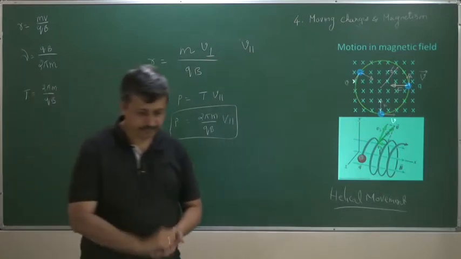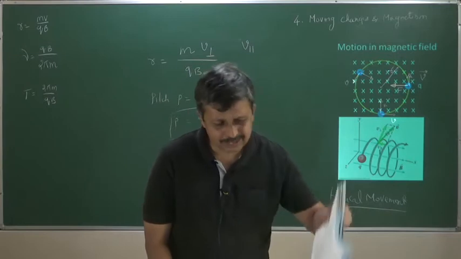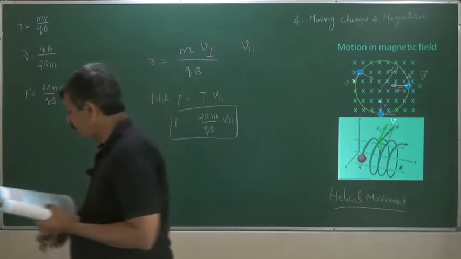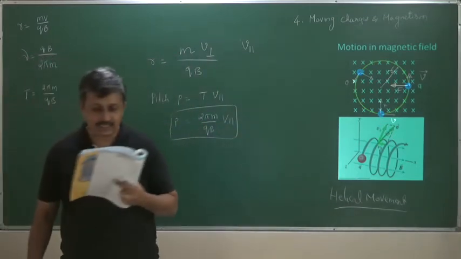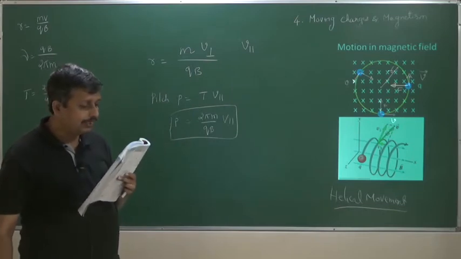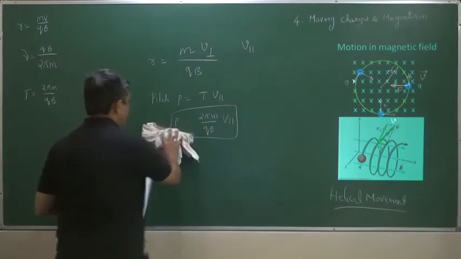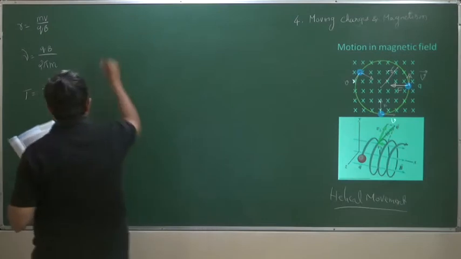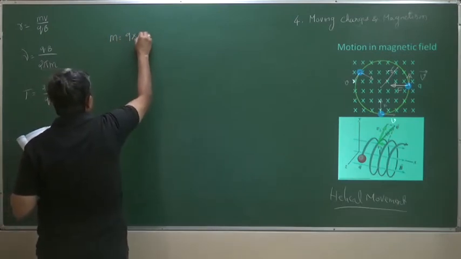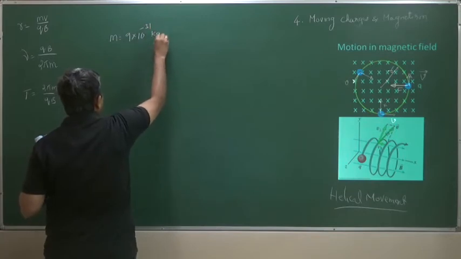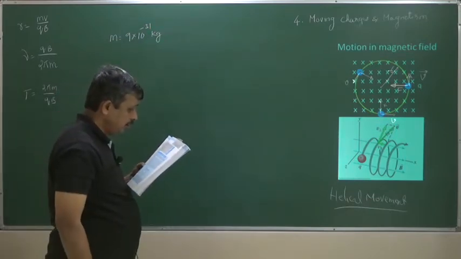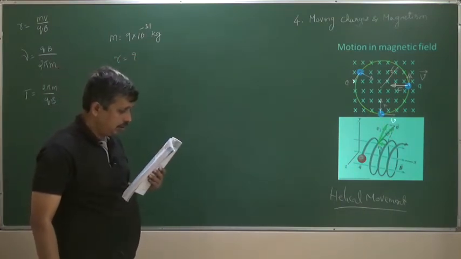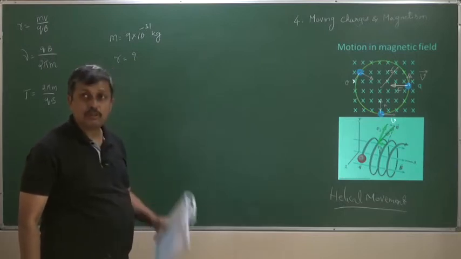Write down the question. A simple question. What is the radius of the path of an electron whose mass is 9 into 10 to the power of minus 31 kg, and charge 1.6 into 10 to the power of minus 19 coulombs?